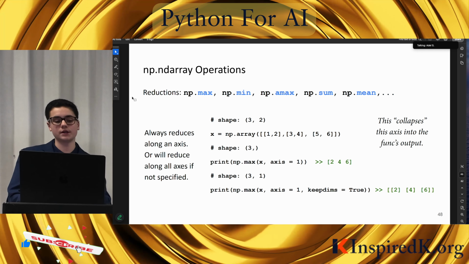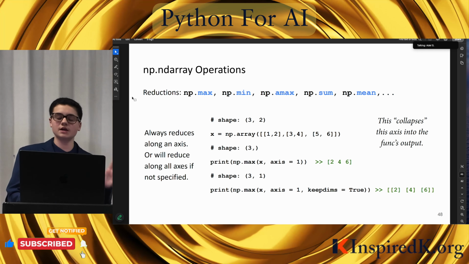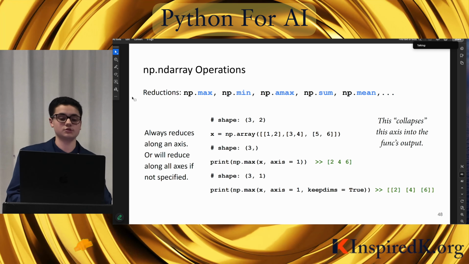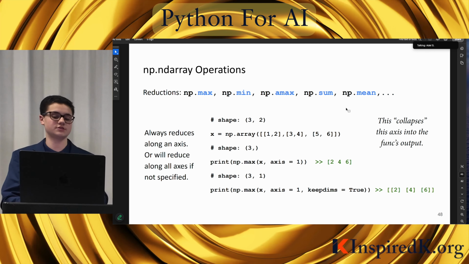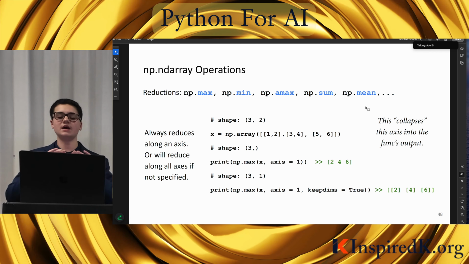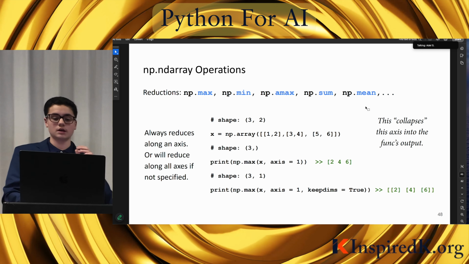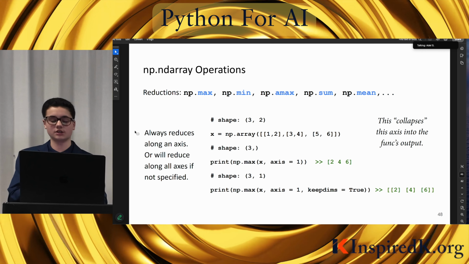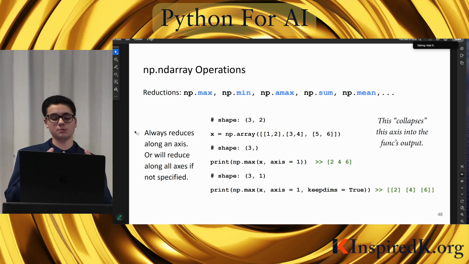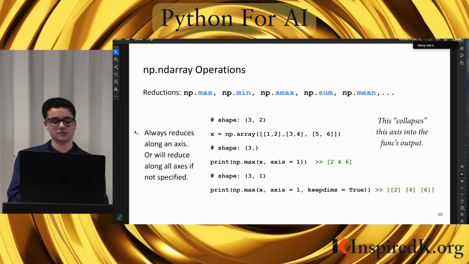So to operate on different NumPy arrays, there are many different ways to manipulate them, including the .max, .min, .amax, .sum, and .mean, as well as many more operations. All of these operations are called reductions, as they reduce a NumPy array along a given axis.